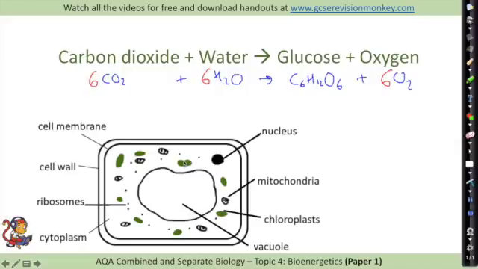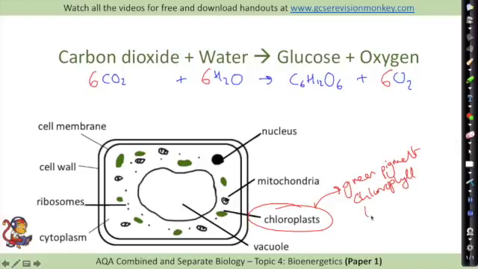This takes place in plants inside these structures here called chloroplasts. Within the chloroplast there is a green pigment that is called chlorophyll. And it is the chlorophyll that absorbs the sunlight needed for photosynthesis.